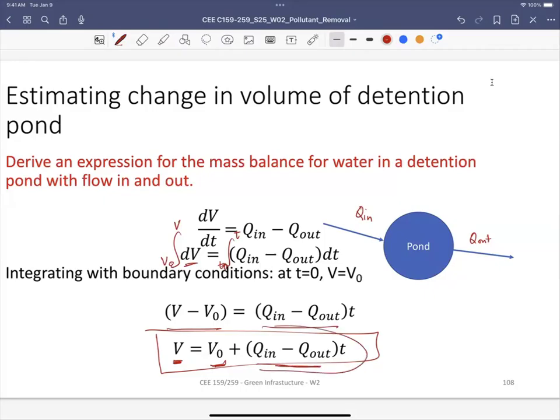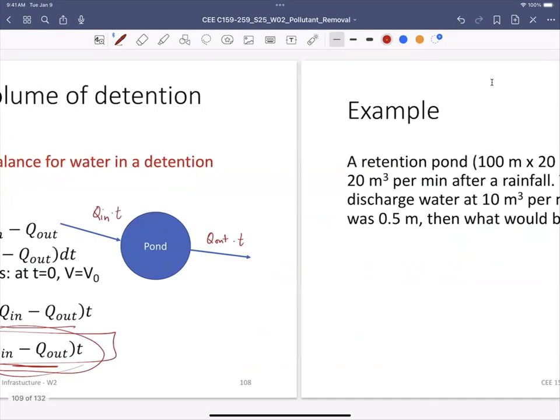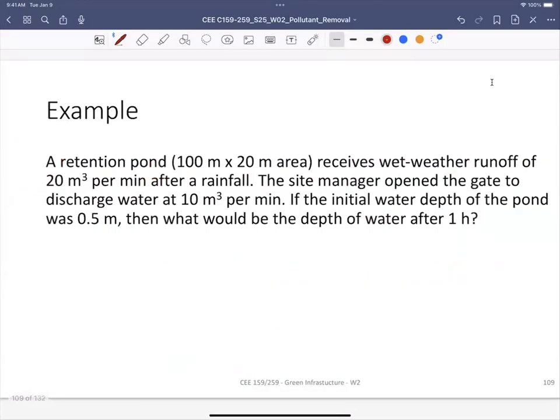This is basically the net amount of water entering the system, because Q in times T is the amount of water coming in, and Q out times T is the amount of water leaving the system. The difference is the amount of water that remains in the system to increase the volume. So with that, you can solve questions.